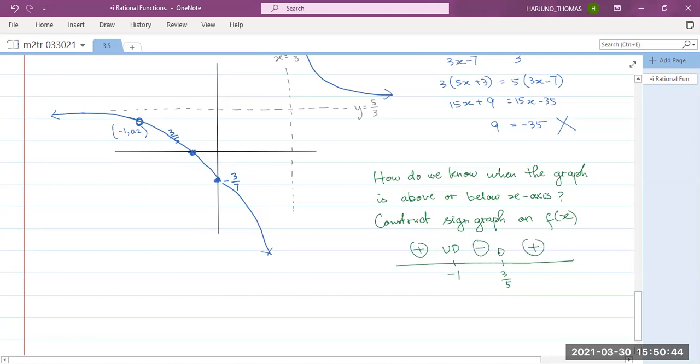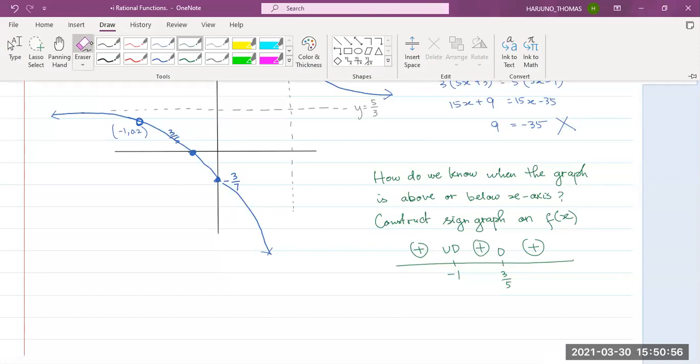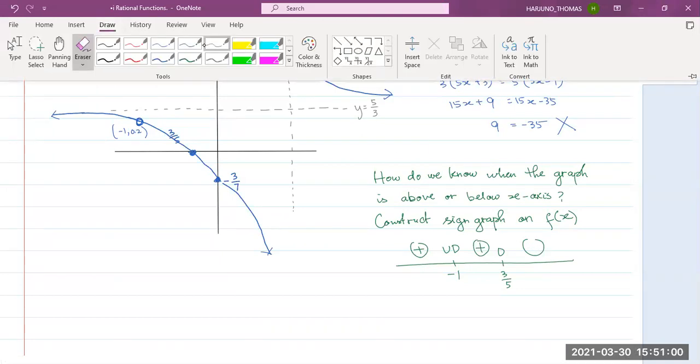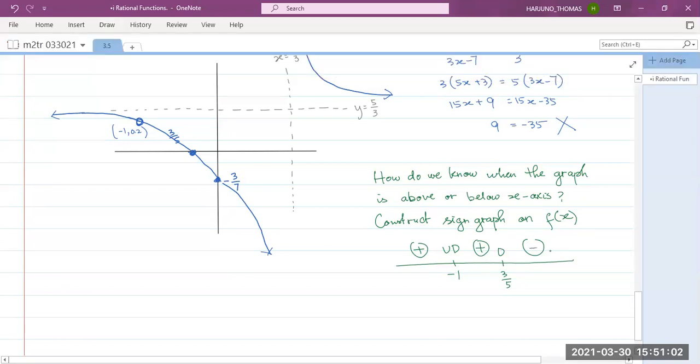Oh, hold on, I'm sorry, that's not true. This is plus here, this is minus. And then we have another critical number, 7/3, that's undefined.